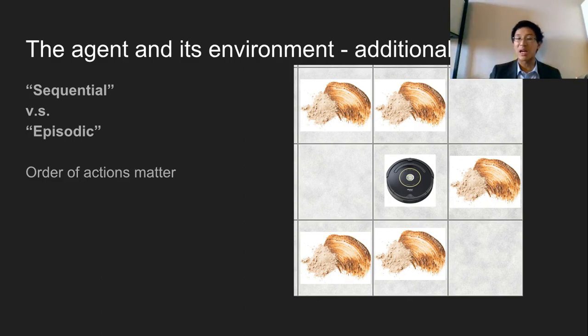We call those episodic environments, whereas when they do matter, one action leading to the next can't be switched around, then we would say that's a sequential environment. Episodic environments often, the actions all just happen at once. And you just say, okay, I've decided on these things, and because the order doesn't matter, we just get back to you all at one time.